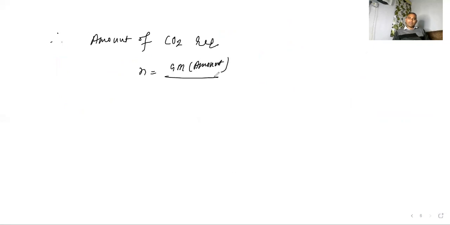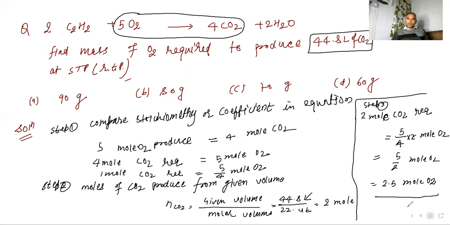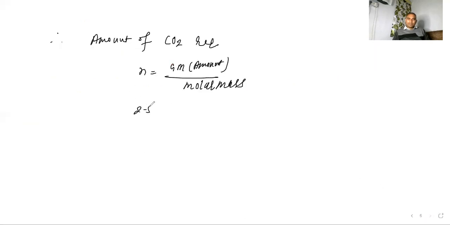So you can easily calculate the amount. Therefore, amount of CO2 required. N is equal to given mass divided by molar mass. Moles you calculated here is 2.5. So 2.5 is equal to the amount divided by molar mass.